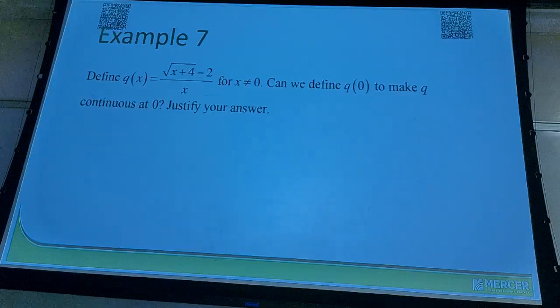Now remember, 3 rules to be continuous. Q of 0 has to exist, that's what we want. The limit has to exist, and they have to be equal. So let's find that limit.